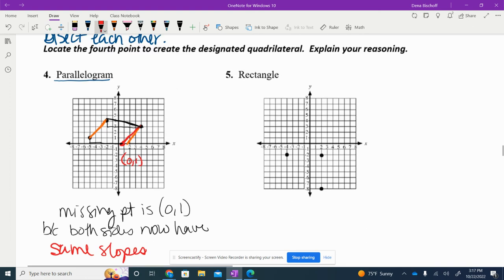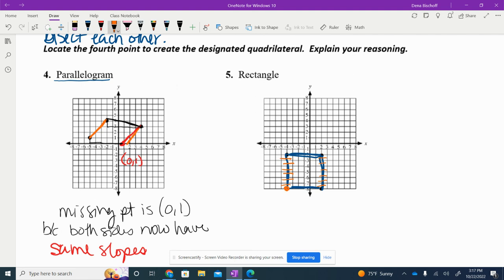The last one needs to be a rectangle. So I'm going to use the idea that the opposite sides are congruent. So this side has a distance of 1, 2, 3, 4, 5, 6. So the opposite side also has to have a distance of 6.